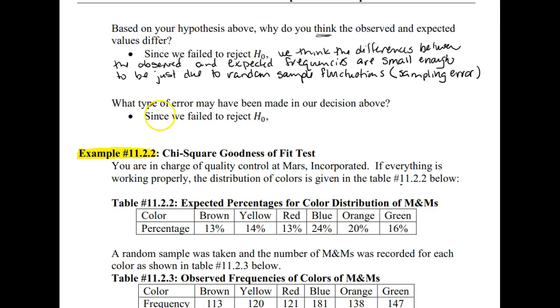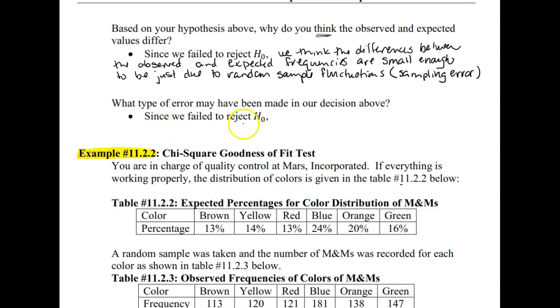But again, we have to keep in mind when we do these hypothesis tests, they are based on sample data, so we may have concluded incorrectly. So we concluded correctly based on what we saw as evidence, but that final conclusion might be incorrect with respect to an entire population. So what type of error may have been made in our decision above?